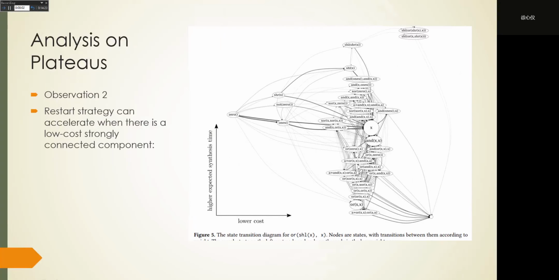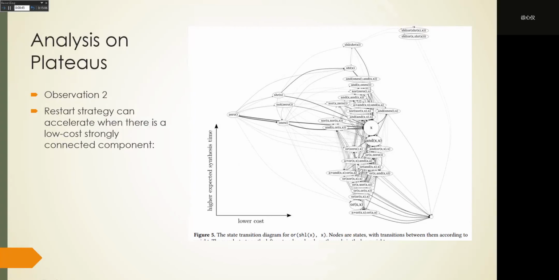And second observation is that the restart strategy can accelerate the search when there is a low cost, strongly connected component, which does not mean a component at the center, but a component at the right upper corner.